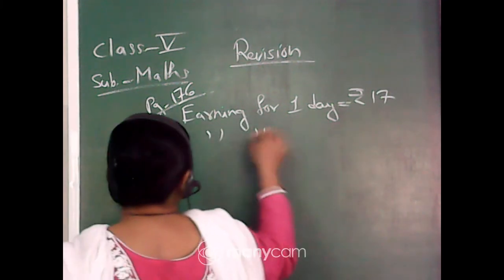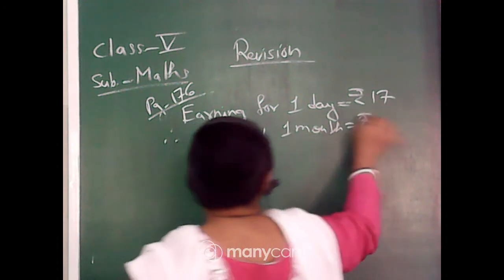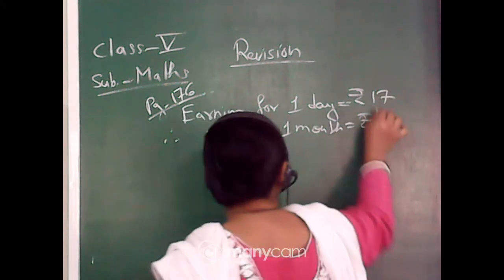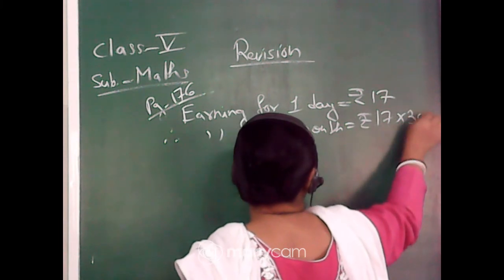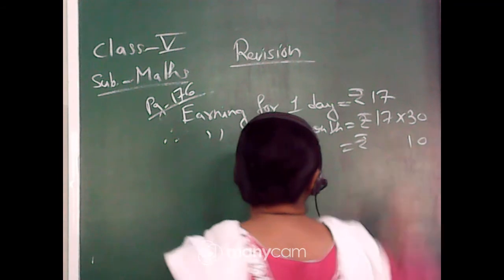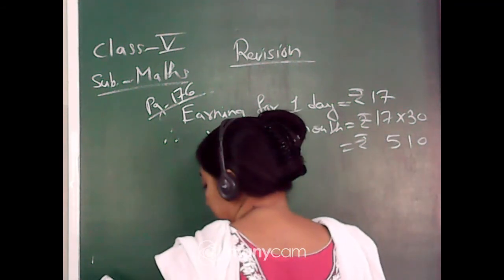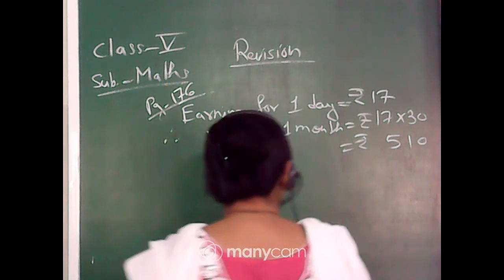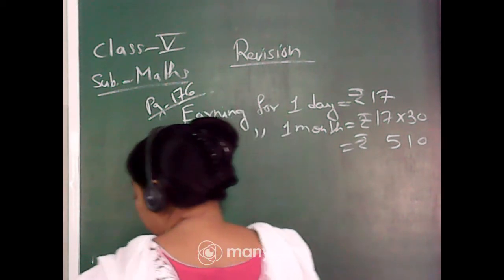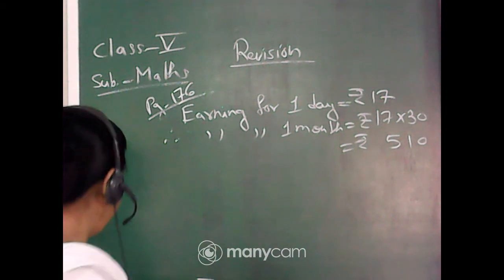Therefore for earning for 1 month, just multiply 17 into 30. This will be rupees 3 sevens are 21, carry 2, 3 ones are 3, 4 and 5. Next is, does he earn enough to help the loan every month? No, it is not enough, isn't it?